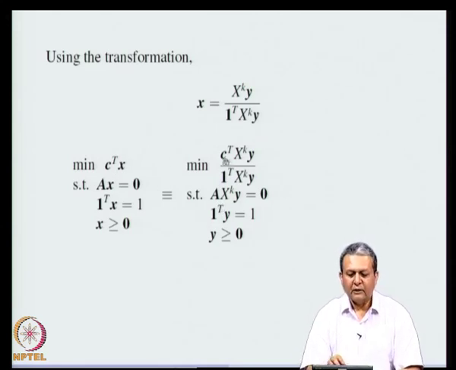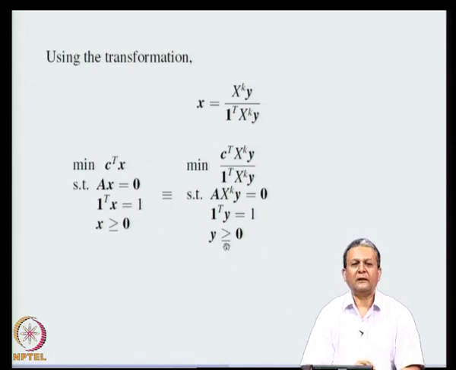So, the objective function value is replaced, Ax equal to 0 will be converted to A xk y equal to 0, and as we saw, any point x is converted to y such that 1 transpose y is equal to 1, and y's are greater than or equal to 0.